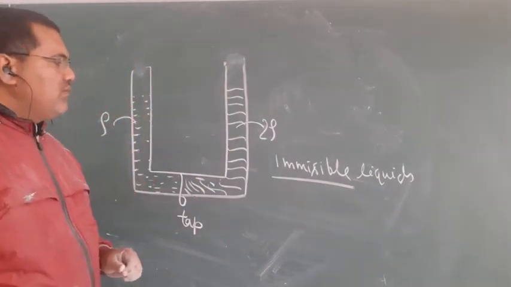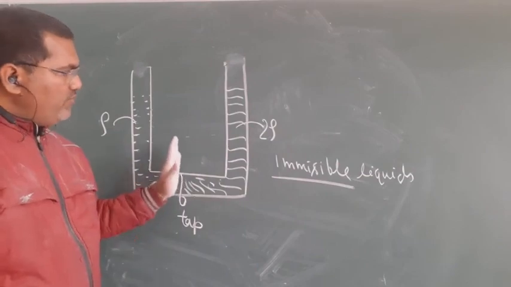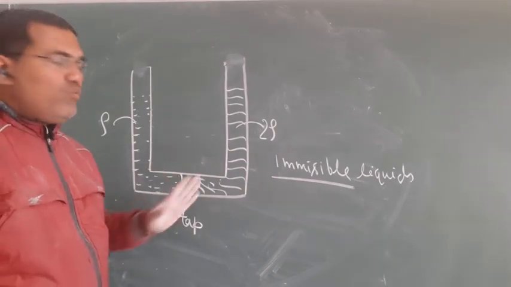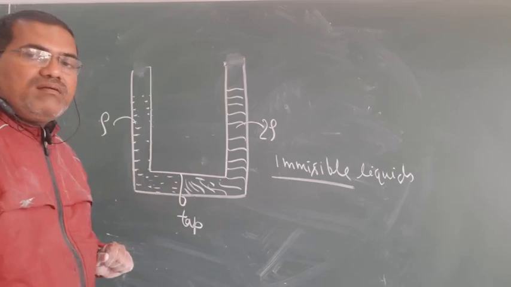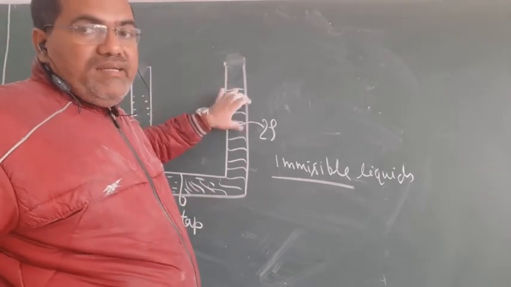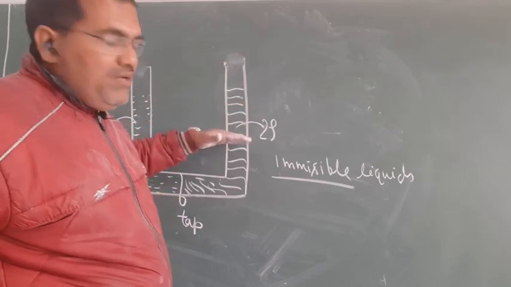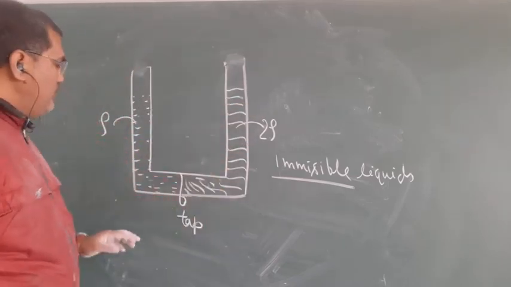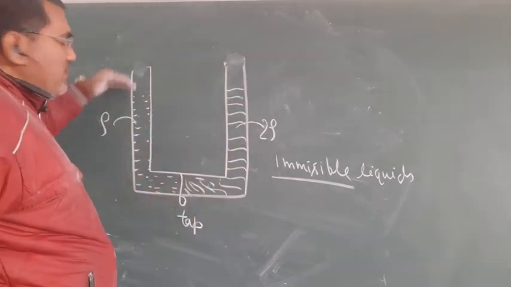As shown in the figure, the liquid on the right side is denser than the liquid on the left side. So this liquid must depress in this column, and due to the depression of the liquid in this column, in this column the liquid will rise.